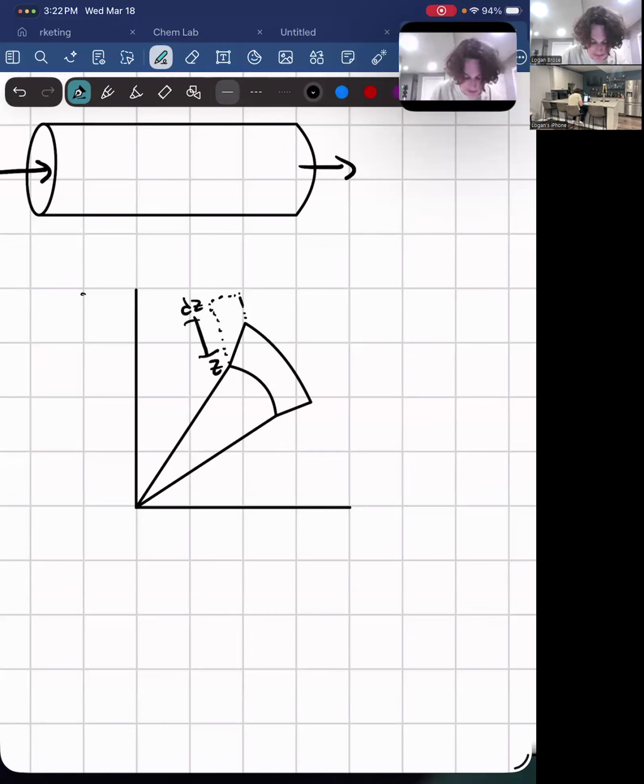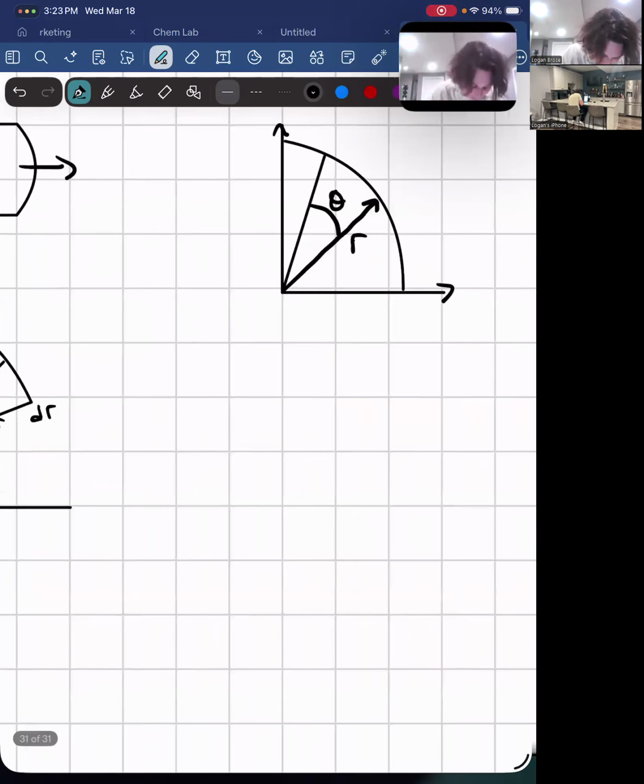Our R value is this value here, right? So we have our R, and then we go to our dr. And then our d theta is through the middle here, right? That's how it extends. So when we're looking at our volume, before we had x, y, and z, now we have d theta, dz, dr, but theta is not in the same units as z and r, right?